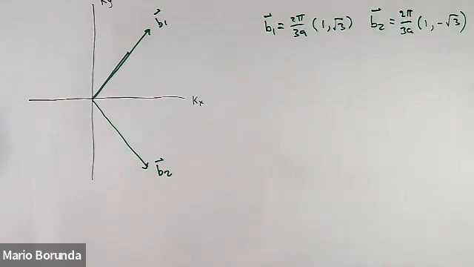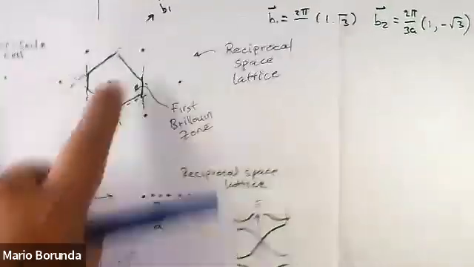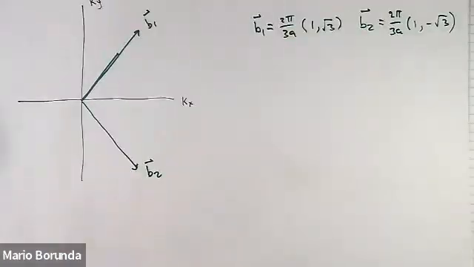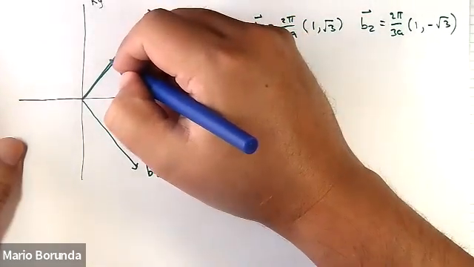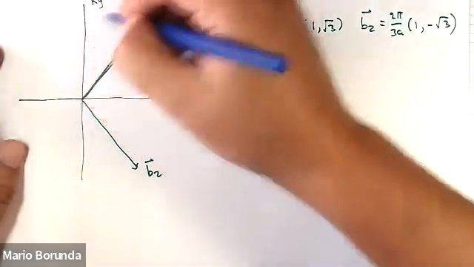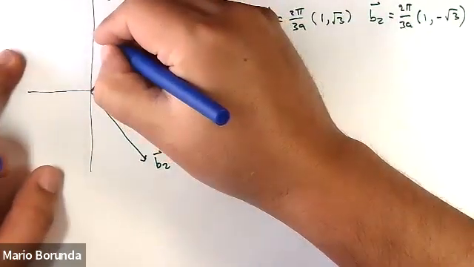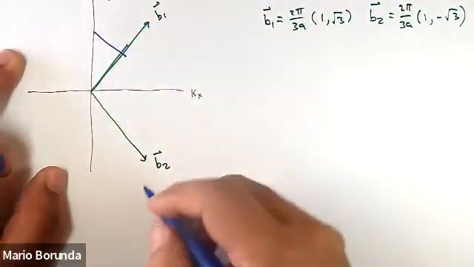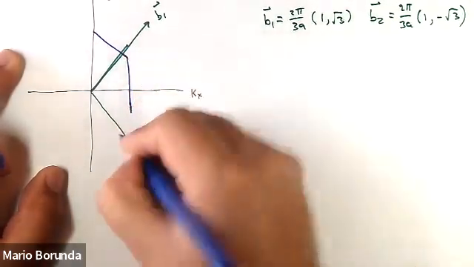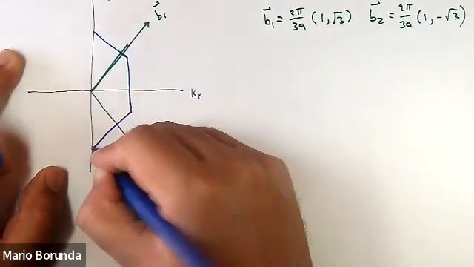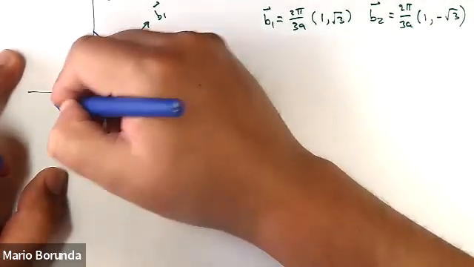And then the other thing that I had is that I'm gonna draw the reciprocal lattice here. So, let's see if I can do this better than a 5-year-old. Probably not.